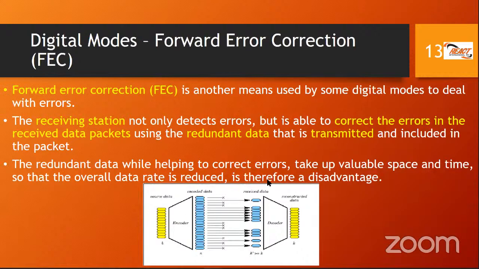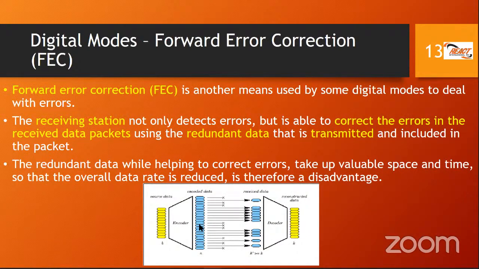And the diagram at the bottom here tries to illustrate that. So this is the information we're trying to send, these yellow pieces. And notice on the receiver side, they receive all of it. But on the source side, it takes this data and adds additional information.